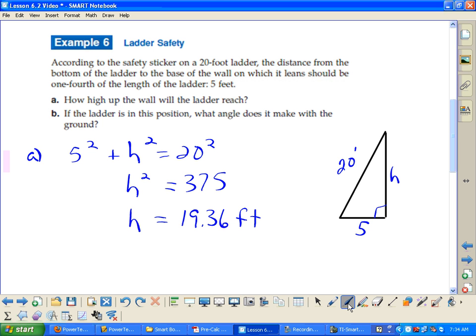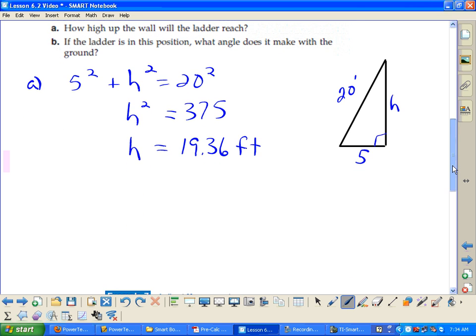And the next question is, if the ladder is in this position, what angle does it make with the ground? We want to find this angle here, theta. And so we're going to use cosine in this case, because we know the adjacent side of 5 and the hypotenuse of 20. So to find that angle, we're going to do the inverse cosine.